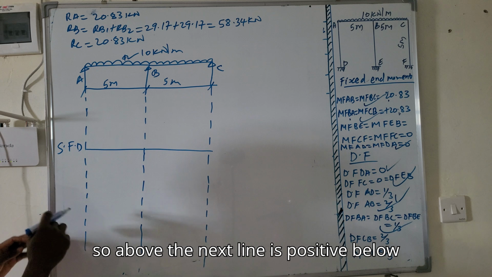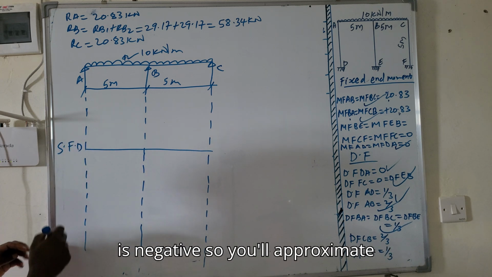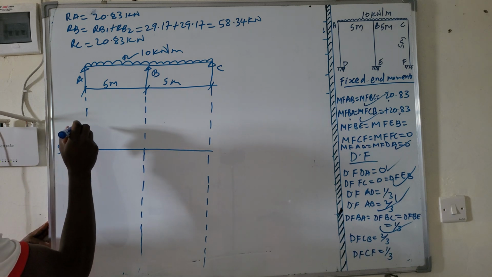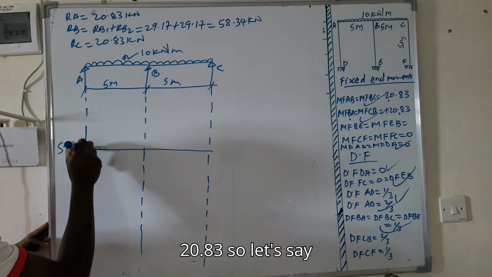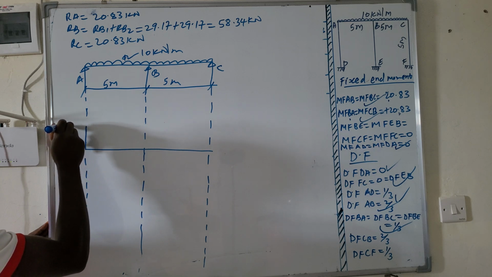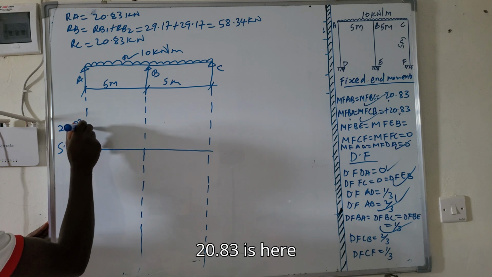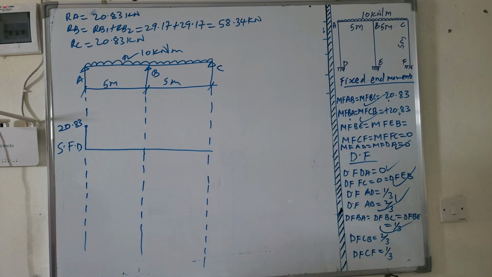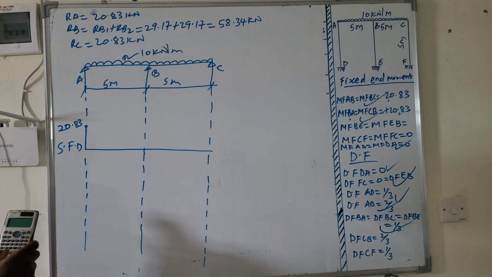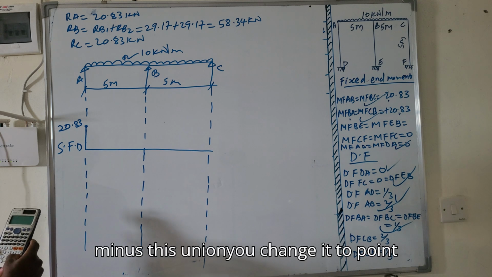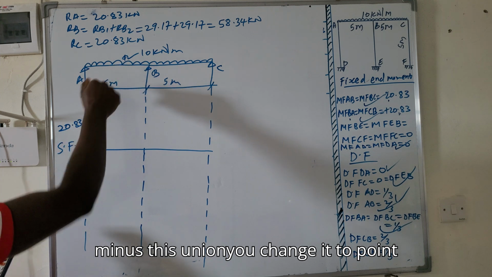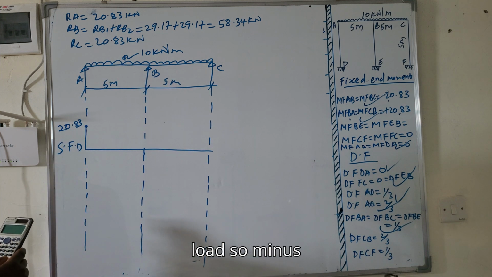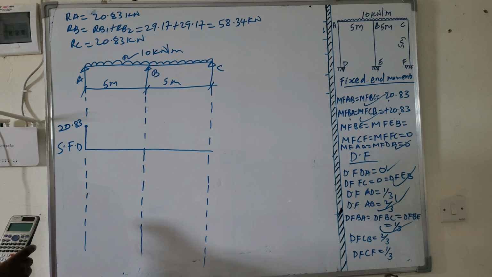So we start with RA. Above the baseline is positive, below is negative. So let's say 20.83 is here. You will take your calculator, 20.83 minus this UDL, you change it to point load, so minus 10 times 5.